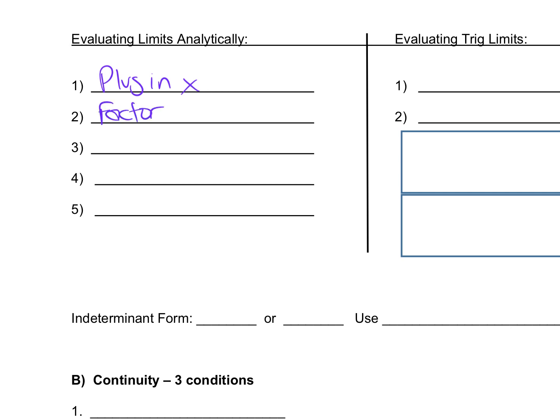What was another one? Multiply by the conjugate. Okay. What else? One was simplify complex fractions.